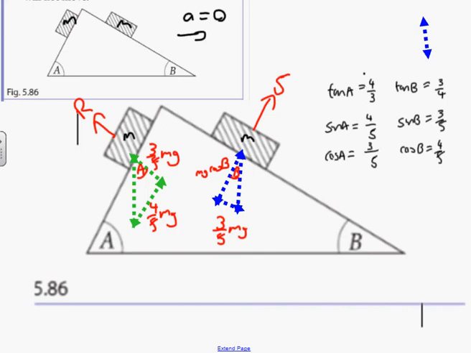And then the other one, 4 over 5 mg. That diagram there can serve as my two separate diagrams for the particles.